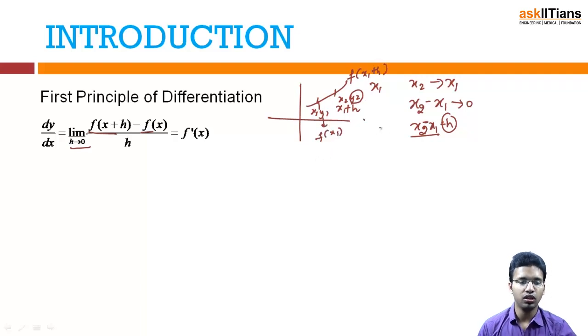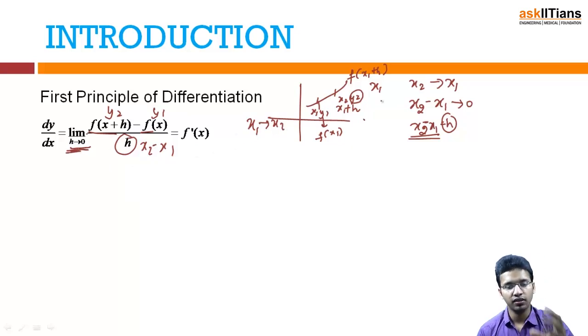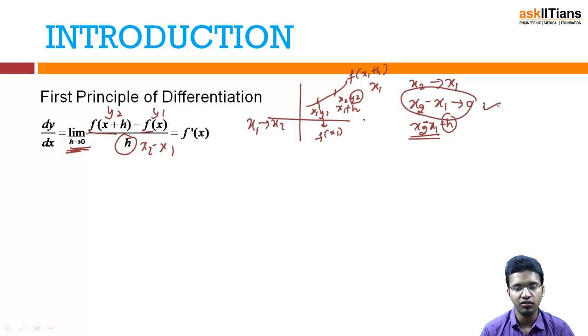If you look, this is y2, this is y1, and h we have defined here is x2 minus x1. Now what is the condition? I said that x1 should tend to x2 or x2 should tend to x1. So they have written that if this condition is satisfied, then this is true. When this is true, we can change the limit as h tending to 0.